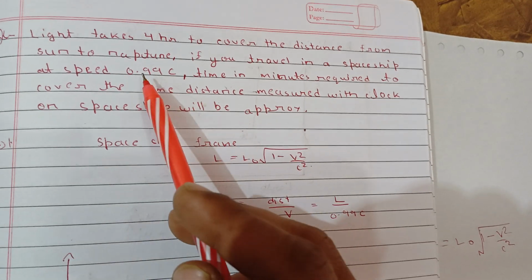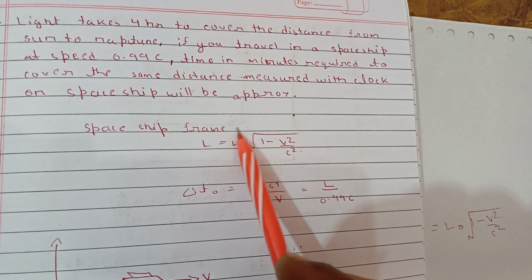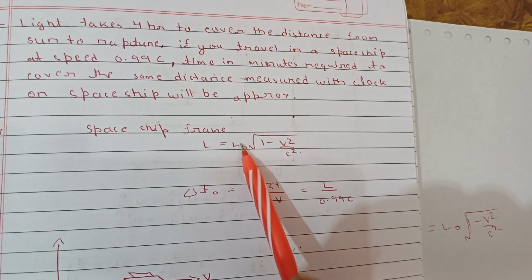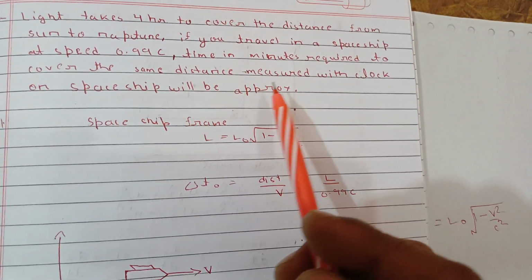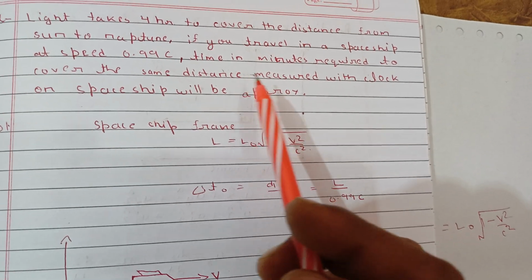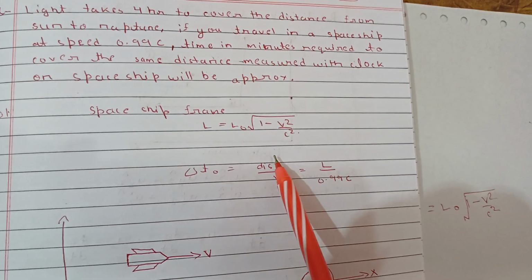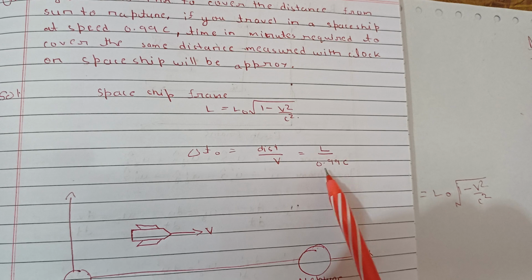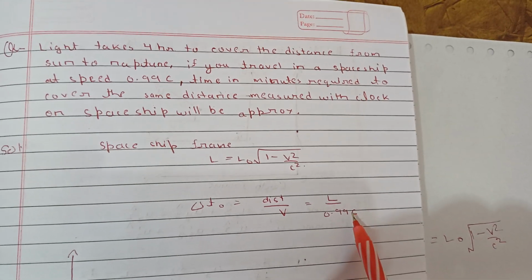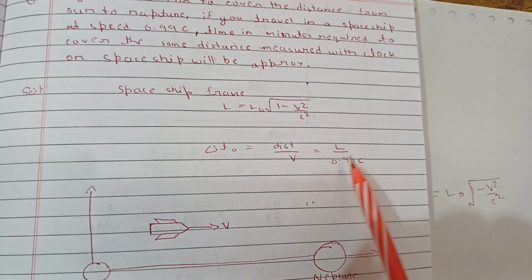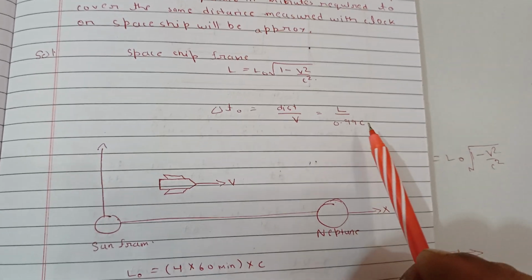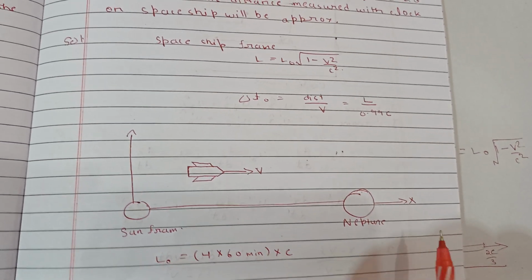In place of v we will put this value, and this length divided by the speed will give us the time in the specific frame, obviously, because we have calculated the length in that frame. Then delta t naught will be distance divided by v, that is L by 0.99 c. So just put L here and make the dimensions correct, then you will get the answer.